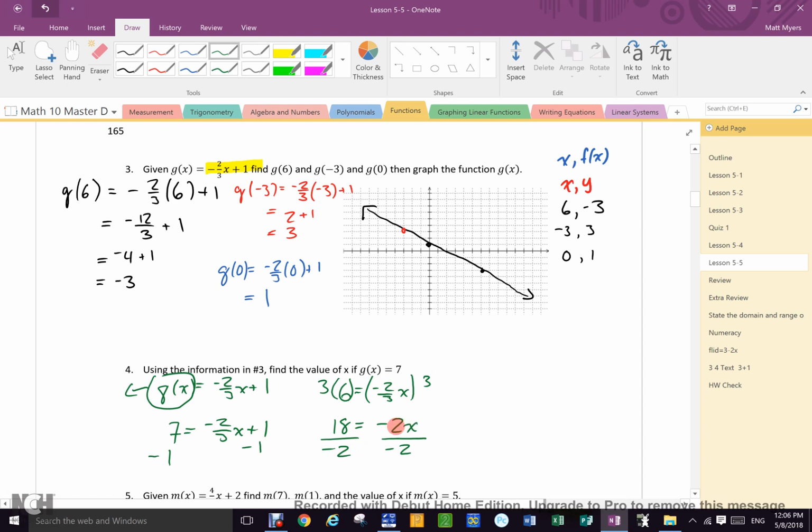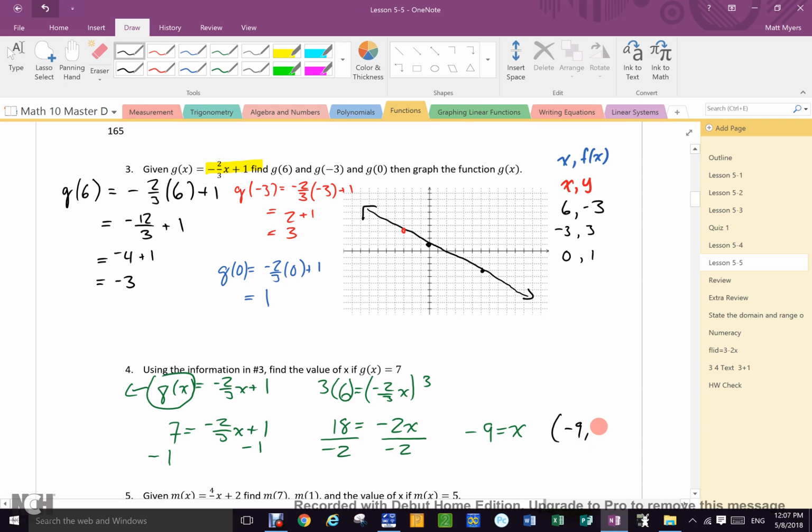No, because this is multiplication. What is the final answer? Negative 9 equals x. So what then is my ordered pair? 7, 9, and 7. No. I mean, 7 and negative 9. No. Negative 9 and... 6?